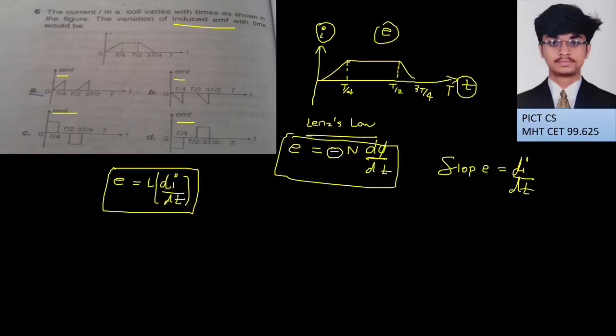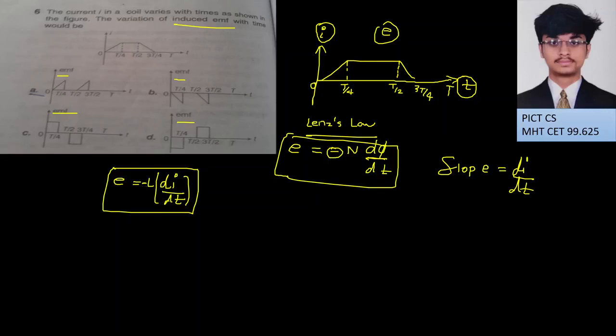So now consider here, from t is equal to 0 to t is equal to t by 4, we have a slope here, right? So now again, if we consider Lenz's law, it will be E is minus L di by dt. Since E is minus n d phi by dt, it's also E is minus L di by dt.